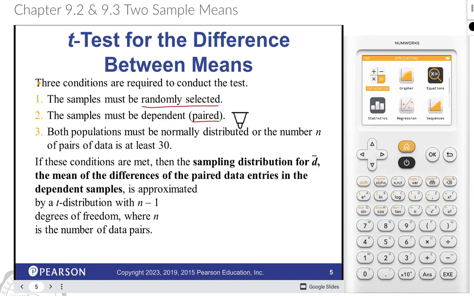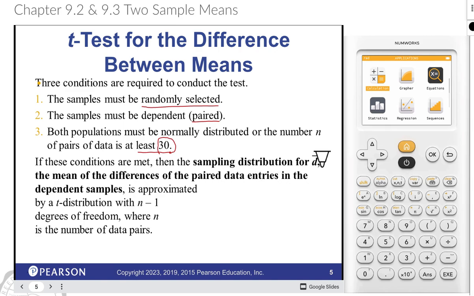There's a pre-test, post-test, a first measurement and a second. Both populations must be normally distributed, or the number of paired data is at least 30. Okay, so that's that magic number. I don't know if magic or not, but anyway, 30 is what we're looking for as sample size. If it's 30 or bigger, we can say it's going to have a normal distribution look to it.